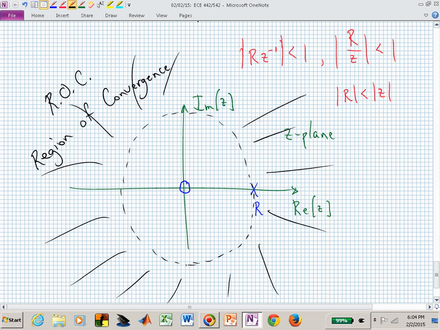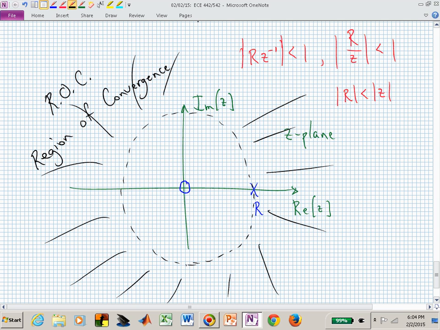And what we're going to find is, where is the unit circle relative to that region of convergence? If the region of convergence contains the unit circle, then we have a stable pole or exponential waveform.